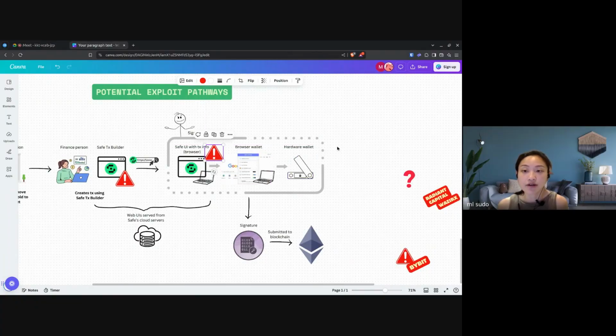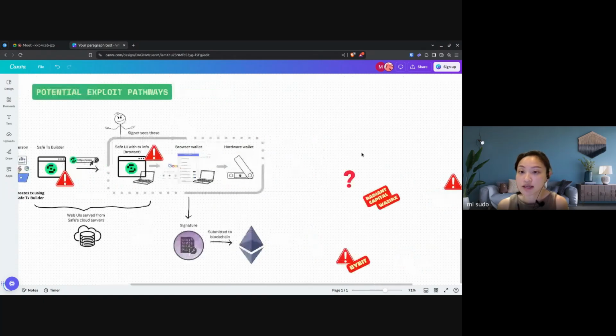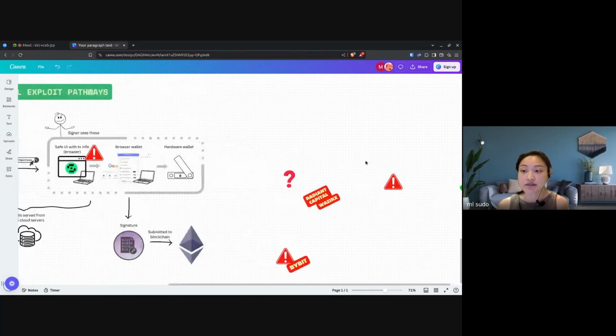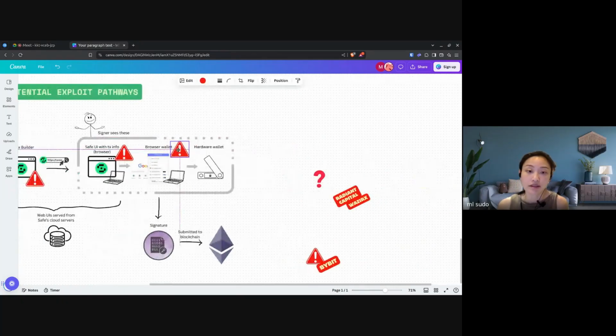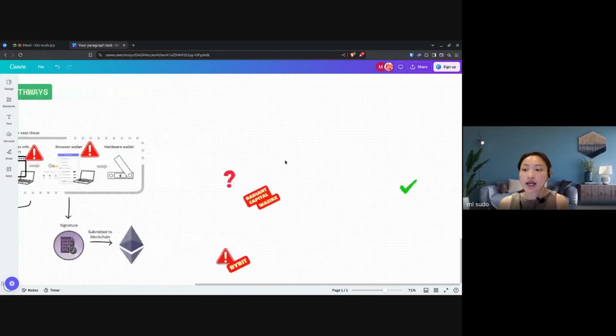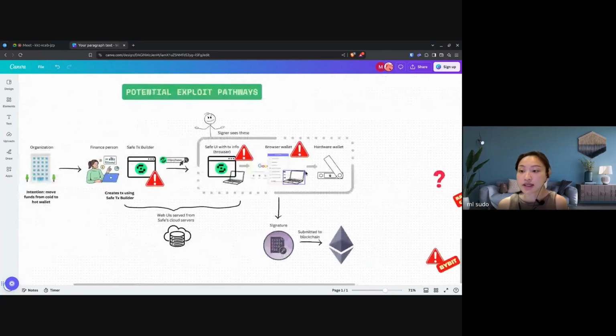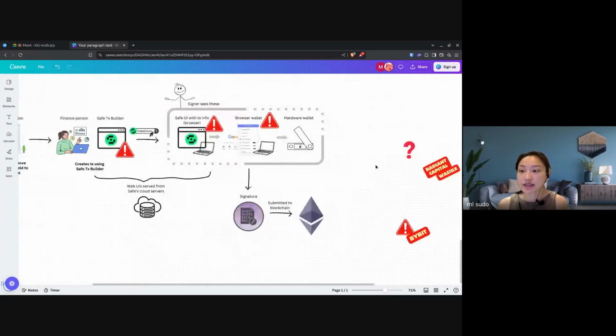And you could say, earlier you said we can check your browser wallet, whether it's Rabby or MetaMask or any of the other browser wallets. But technically speaking, they could also become compromised. Is that right? Yes. And so basically what happened in Bybit was that the cloud servers got pwned.